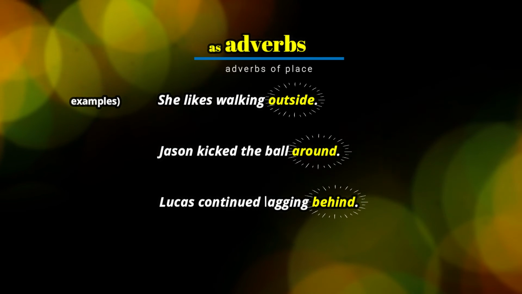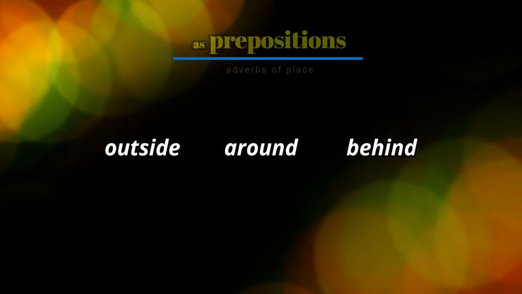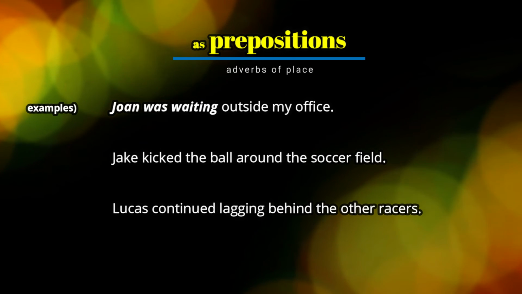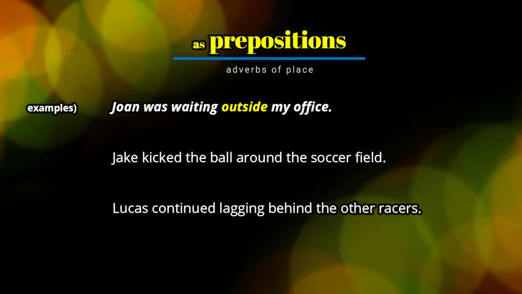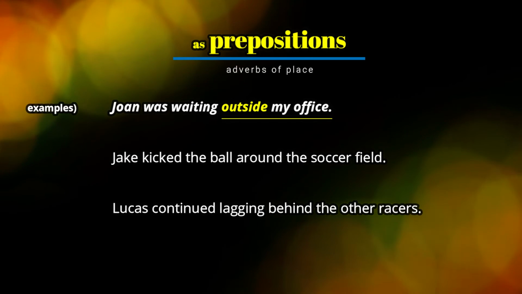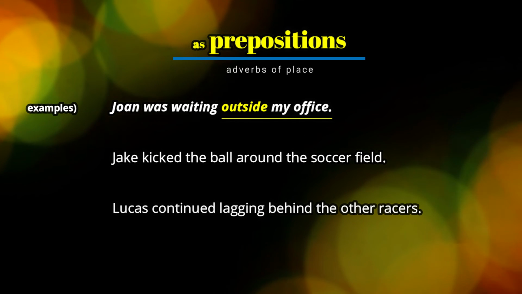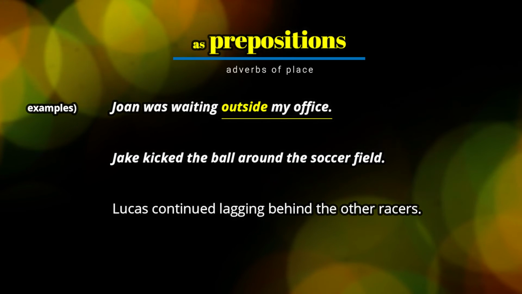Now let's take a look at the same adverbs functioning as prepositions. In the first example, we have Joan was waiting outside my office. Now in this sentence, outside my office is a preposition. Okay, so it's functioning as a preposition. In the second sentence, Jake kicked the ball around the soccer field.